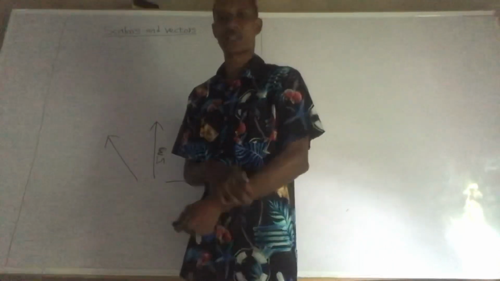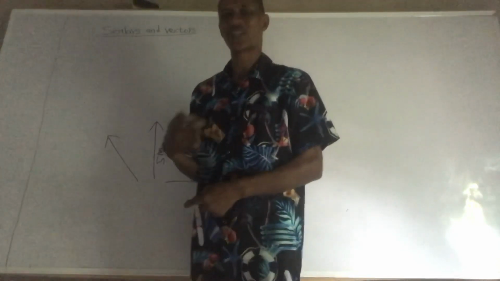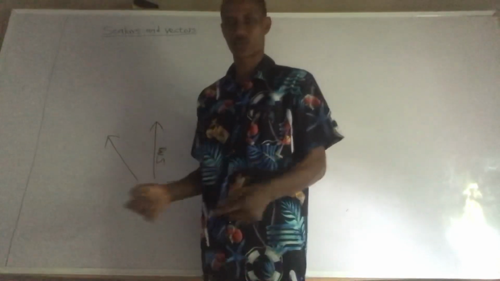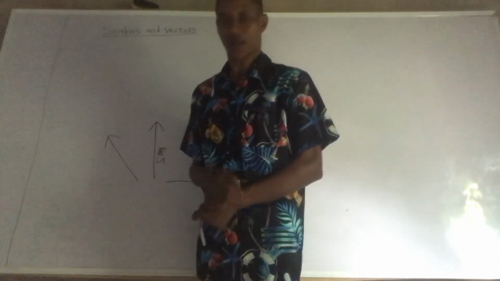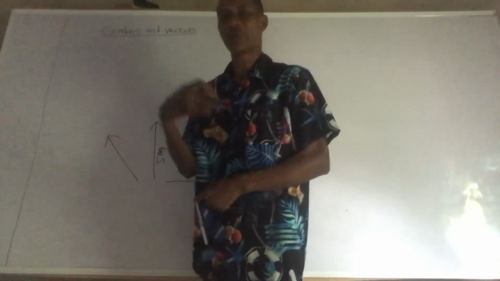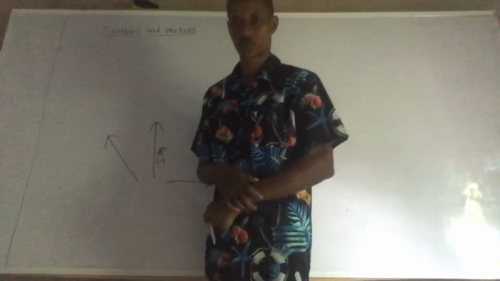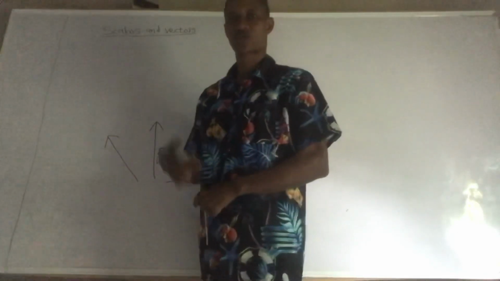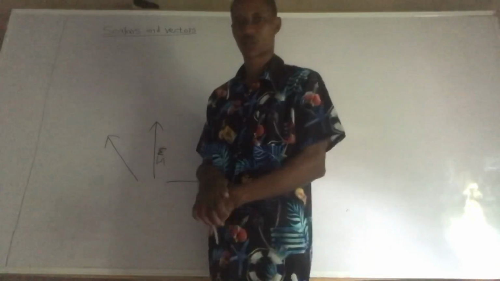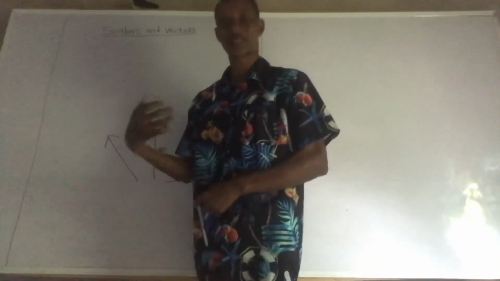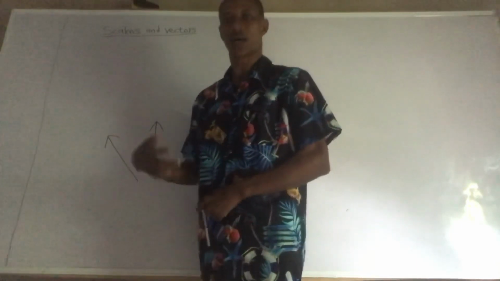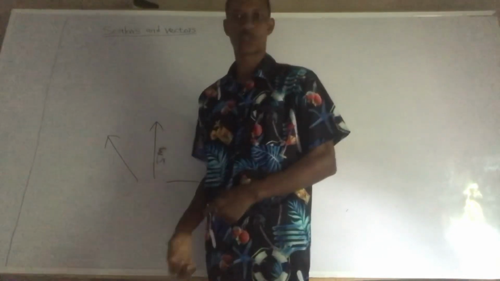From all we've said so far, what are the likely ways you can be asked questions? Now I'll tell you. You can be asked to define scalar quantities. You can be asked to define vector quantities. You can be asked to give examples of scalar quantities and examples of vector quantities.